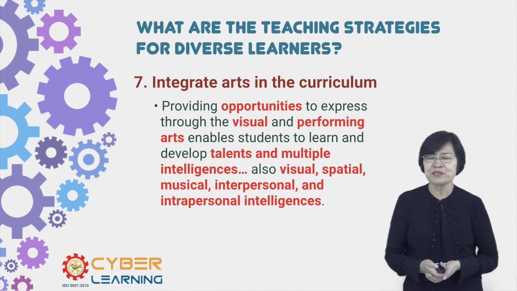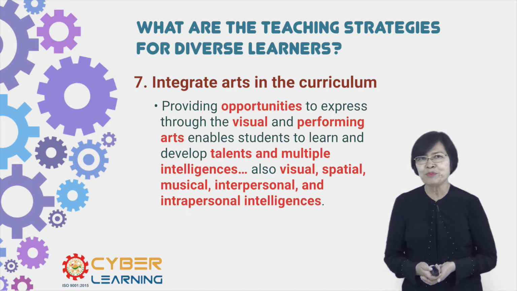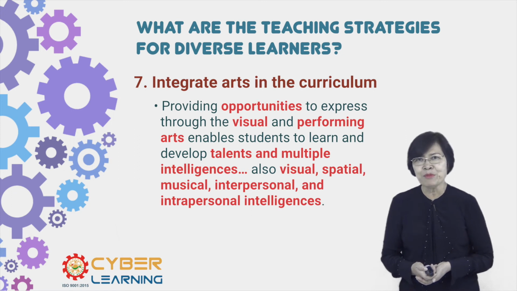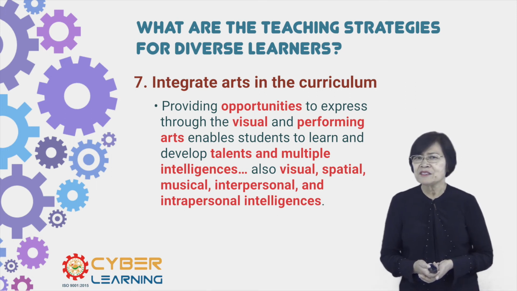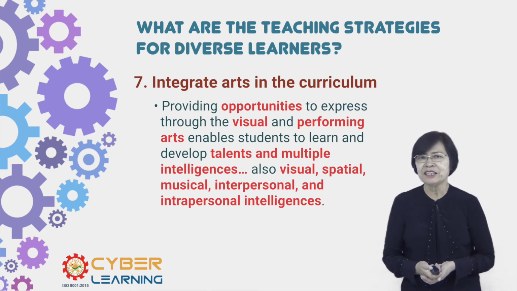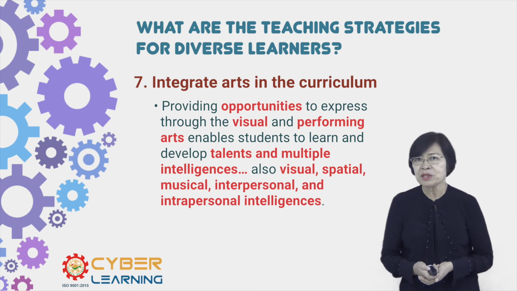Providing opportunities for students to express themselves through the visual and performing arts enables them to learn about and develop their talents and multiple intelligences. Not only verbal and mathematical intelligences, but also visual, spatial, musical, interpersonal, and intrapersonal intelligences.